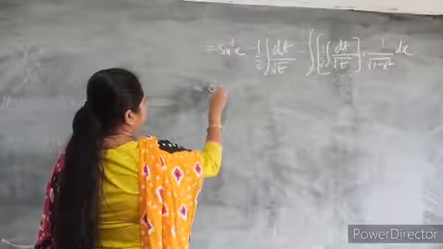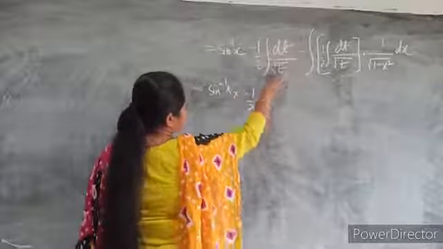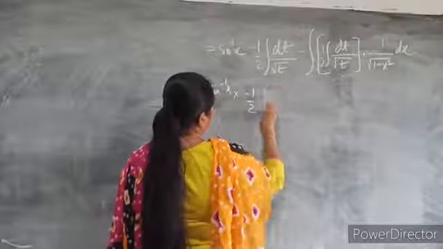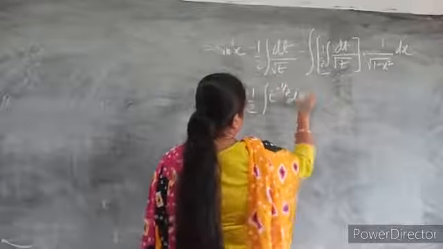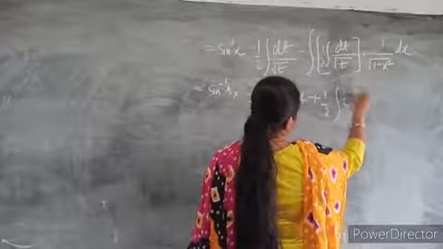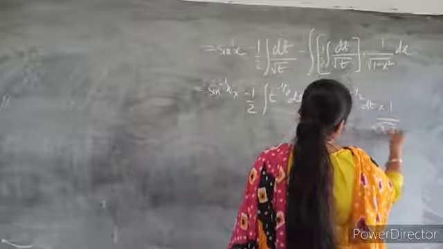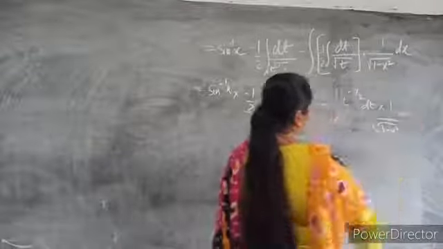So it will be solved thus. Sin inverse x into coefficient minus half, so this will be t to the power minus 1 by 2 dt, minus half again integration t to the power minus half dt into 1 by root over 1 minus x square dx.